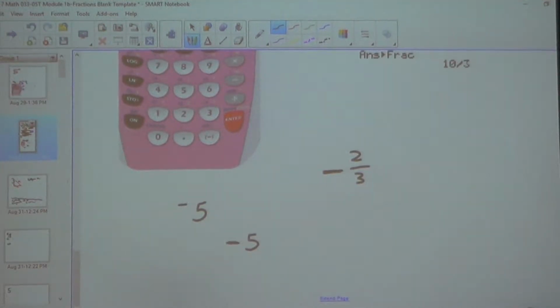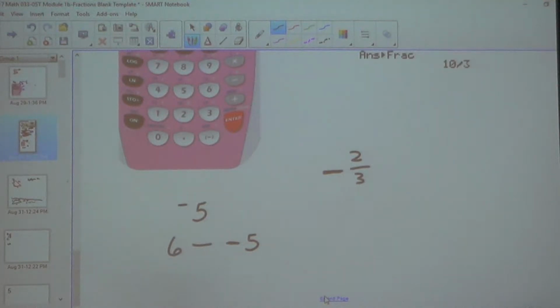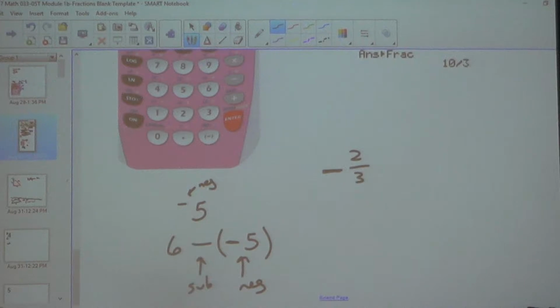So a typewriter has a hard time writing the difference between a negative and a subtraction. So what a typewriter does is it wraps it up so that you know that this is 6 subtract -5. So I tend to put it up high, but the book may not, or the computer may not.